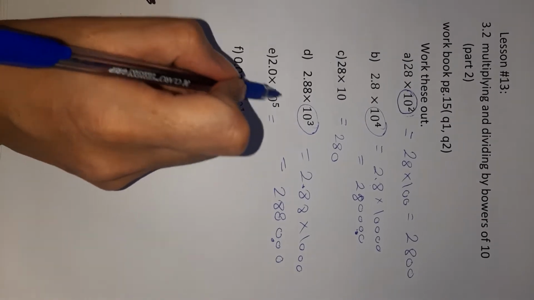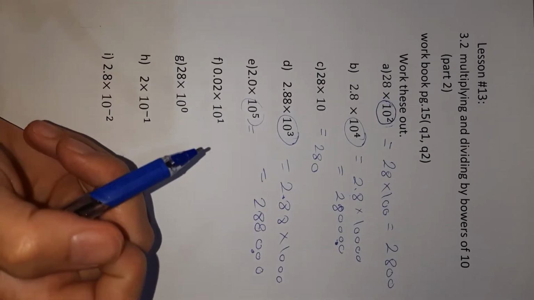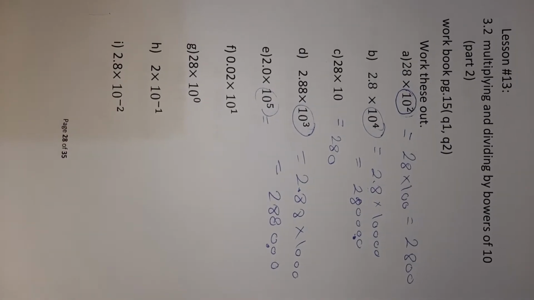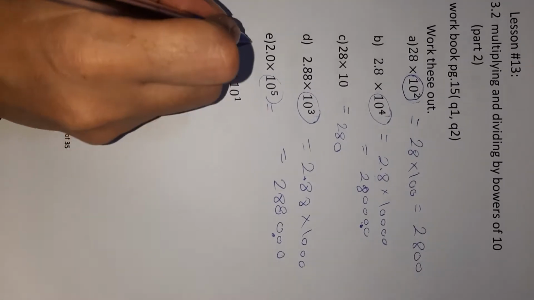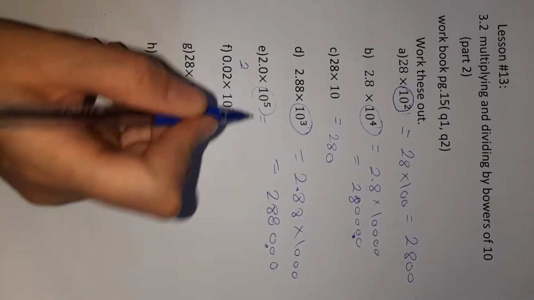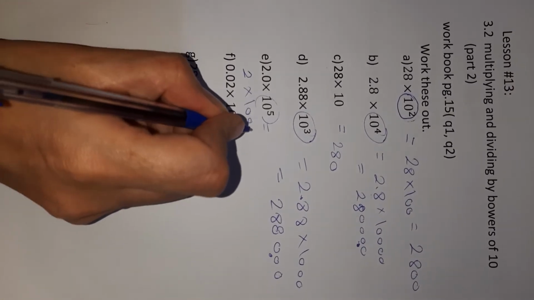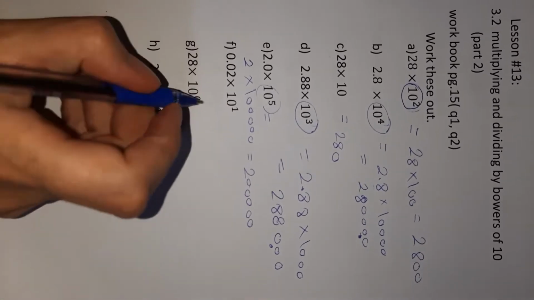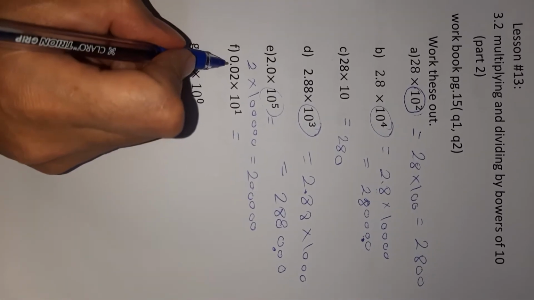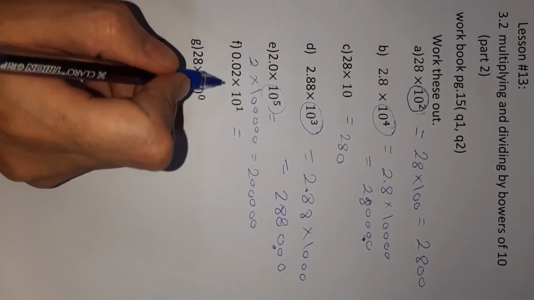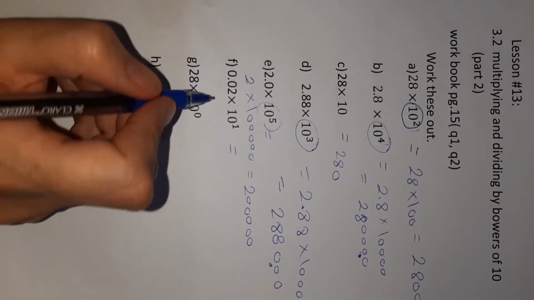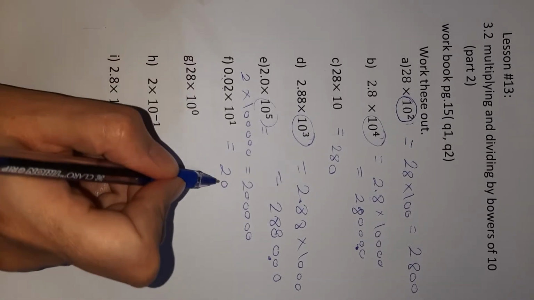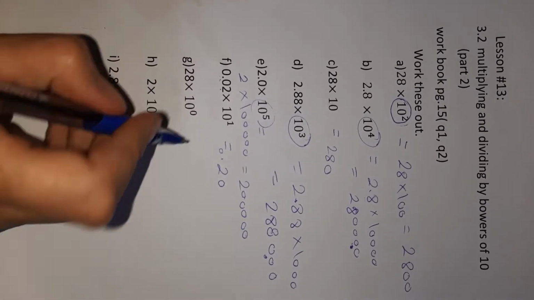This one replace 10 to the power of 5 by 100,000, 1 and 5 zeros, becomes 2.0. It means 2 and 5 zeros. Here 0.02 times 10, ignore the decimal point, multiply normally. 2 times 10, which is 20. Here we have 2 places, 1 and 2 from right to left, put the point.